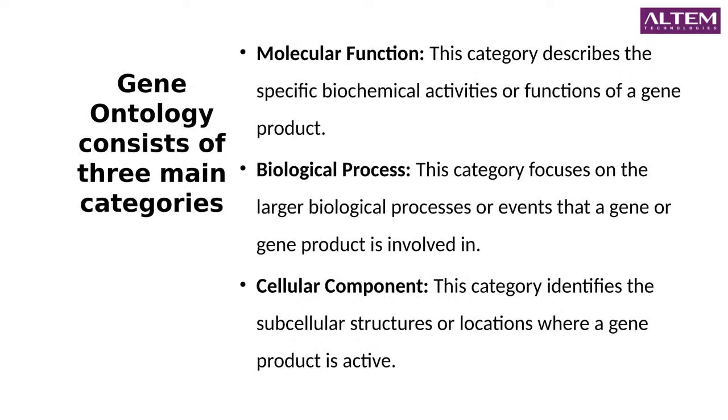And then we have cellular component, and this category identifies the subcellular structures or locations where a gene product is active. It might specify that a protein is located in the nucleus or in the mitochondria. So all these things can be studied using gene ontology.